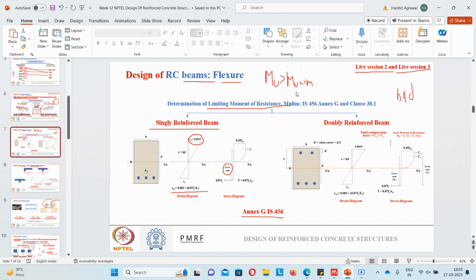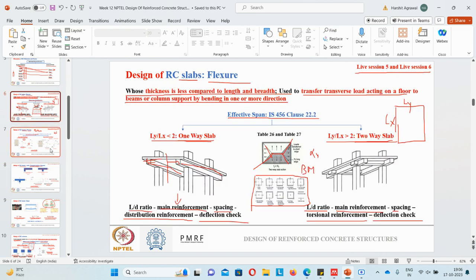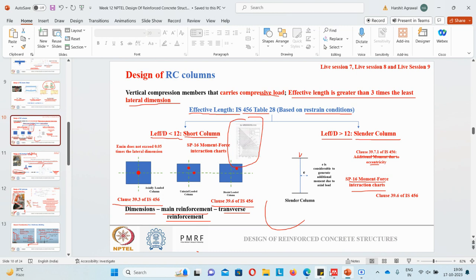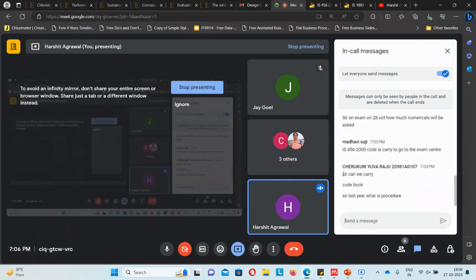Once you calculate, you know whether it is singly or doubly reinforced. If it is singly, you know the relationships to obtain Ast. If it is doubly, you know how it is designed. So just refer to this slide later on. It will help you summarize all the things. In these 4 or 5 slides, you will be able to get the summary of the whole course. It will help you prepare better.